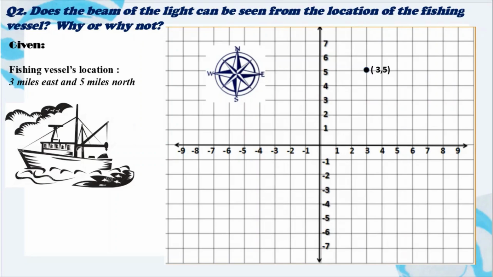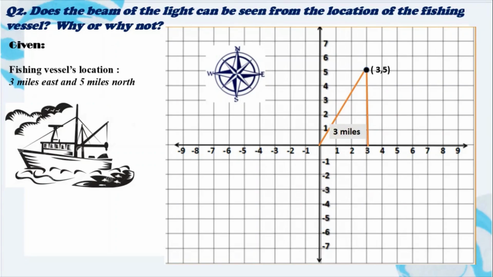Next, we need to determine the distance between the fishing vessel and the lighthouse, which is located at the center of our Cartesian plane. To know the distance, we can create a right triangle.